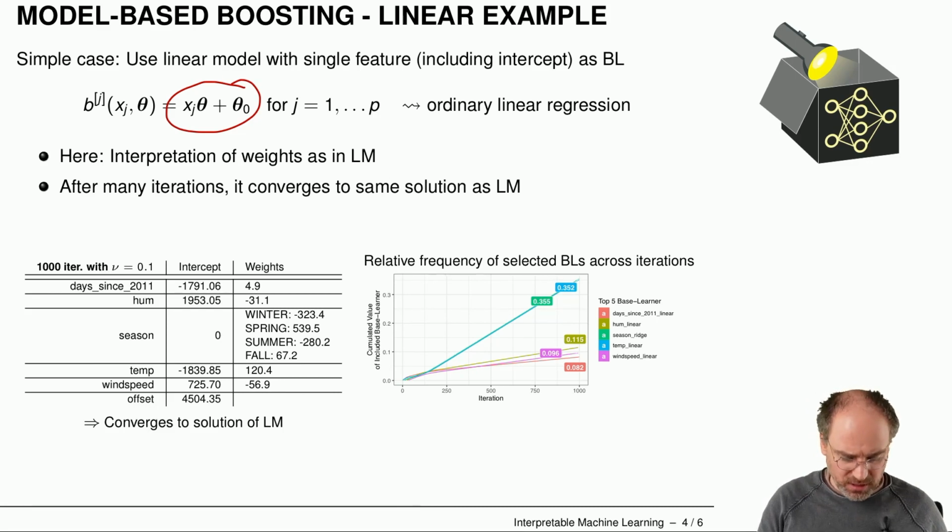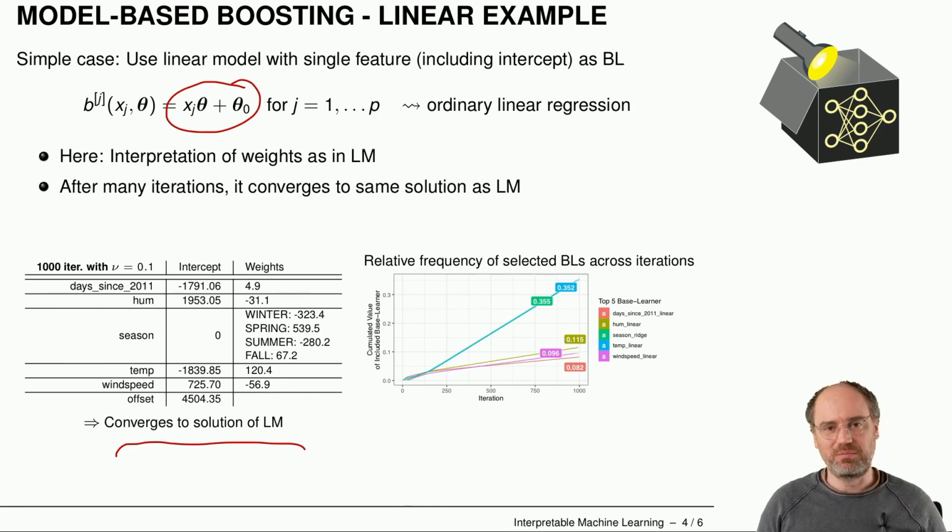Here we have run this again on the bike rental data set for about 1,000 iterations. And you can check that this converges to the solution of a linear model on the same data set. We've also plotted the relative frequencies of how often these base learners have been selected across the iterations, but I guess this is more a technical thing.